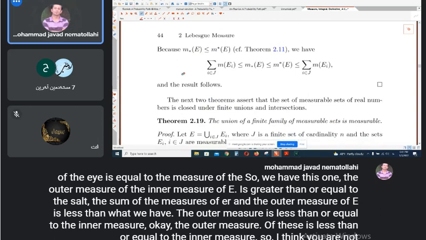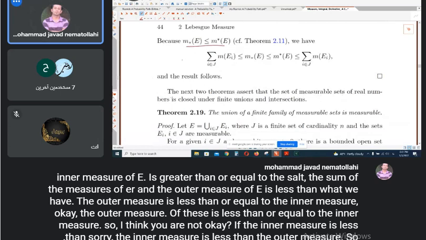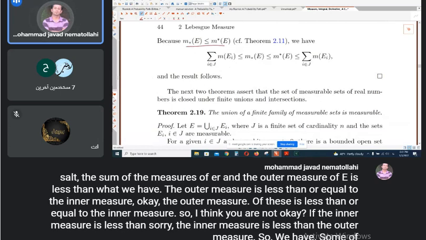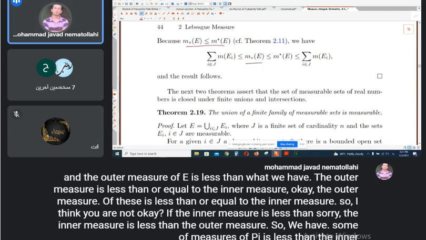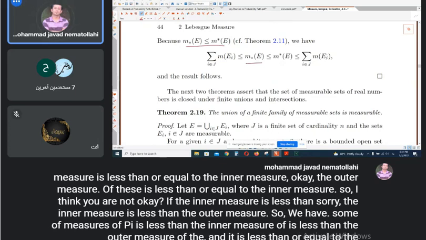Okay, the inner measure is less than... Sorry, the inner measure is less than the outer measure. So we have the sum of measures of E_i is less than the inner measure of E, which is less than the outer measure of E, and it is less than or equal to the sum of the measures of E_i.